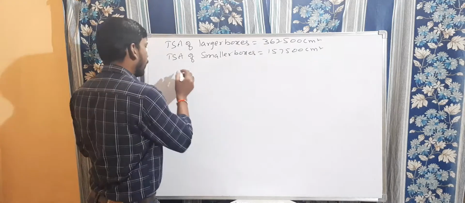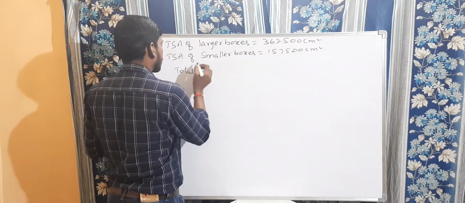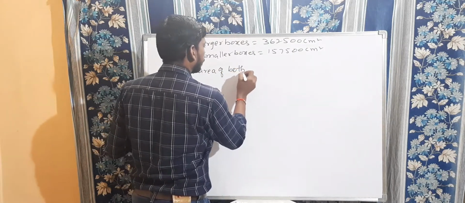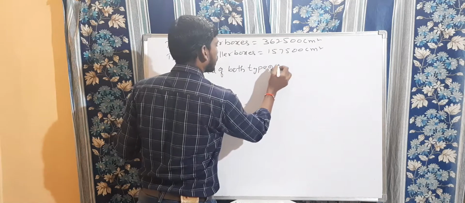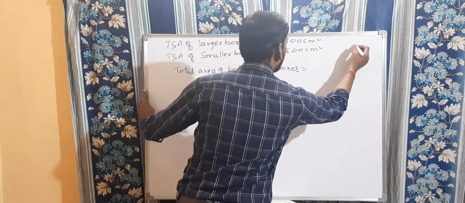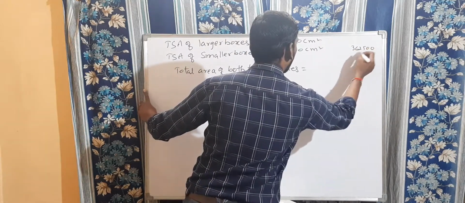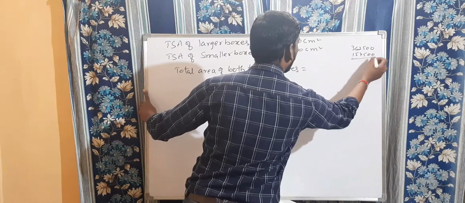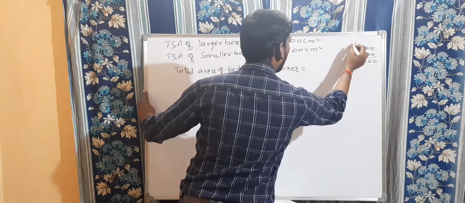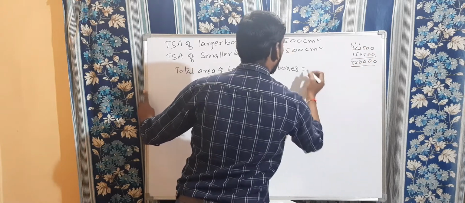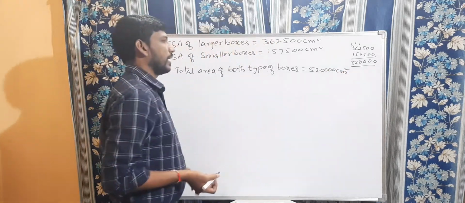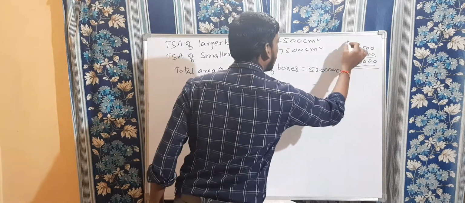Now the total area of both types of boxes, by adding these two: 362500 plus 157500 gives 520000 centimeter square. So this is the total area of both the boxes.